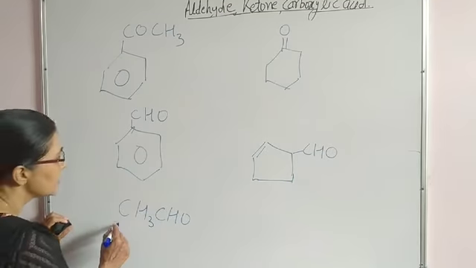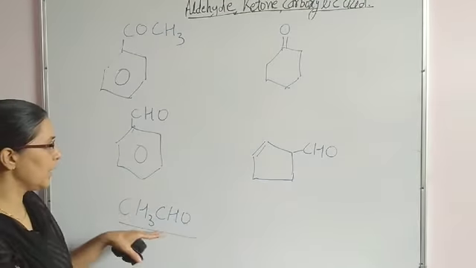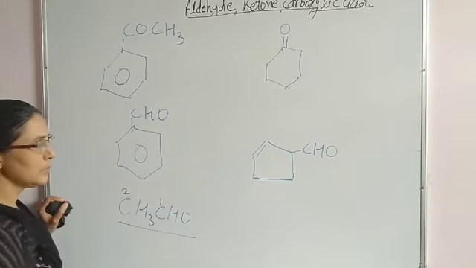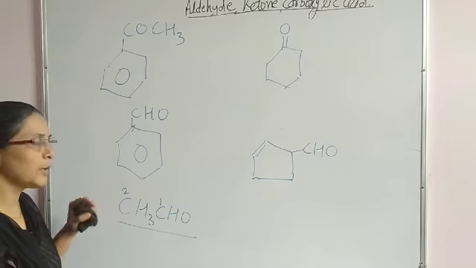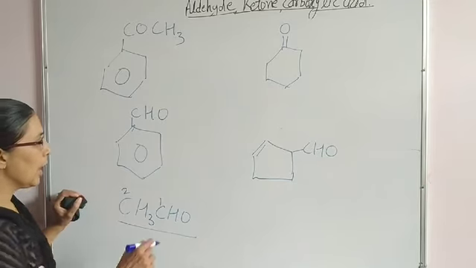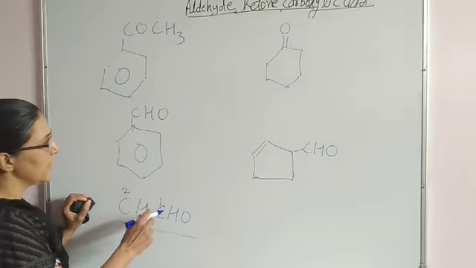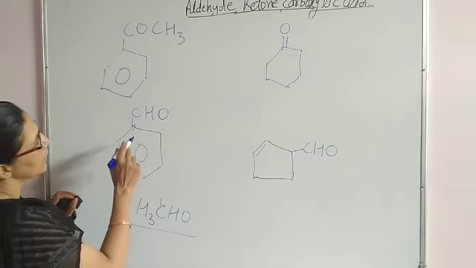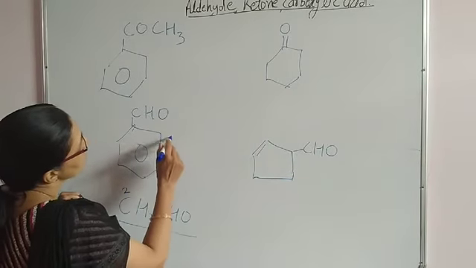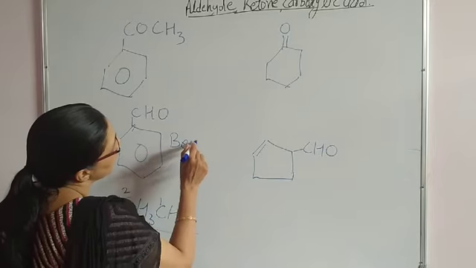Let us begin with CH3CHO, as we have done earlier also. Two carbon containing, so it will be known as ethanal. Otherwise, the popular common name is acetaldehyde. In the same manner, this one is known as benzaldehyde.